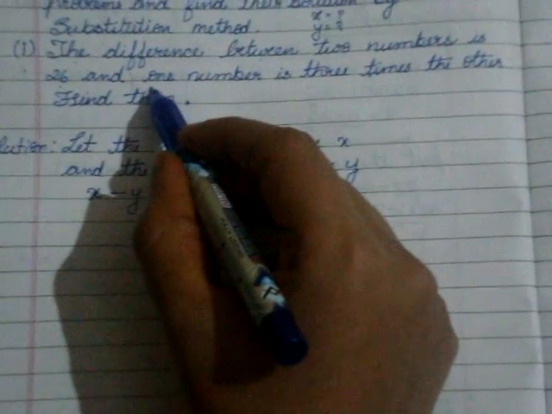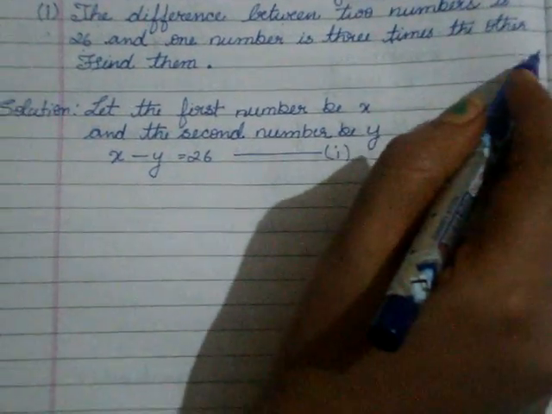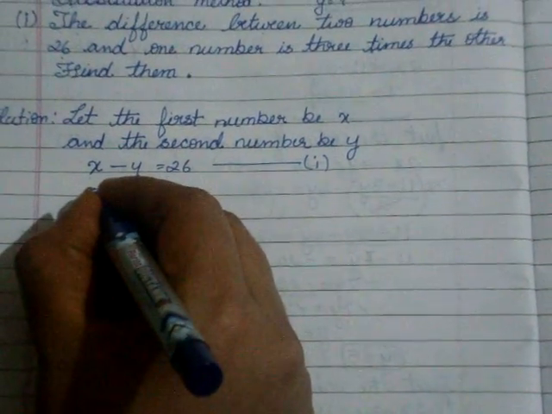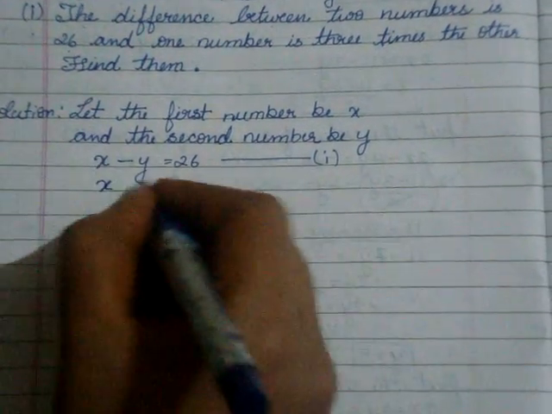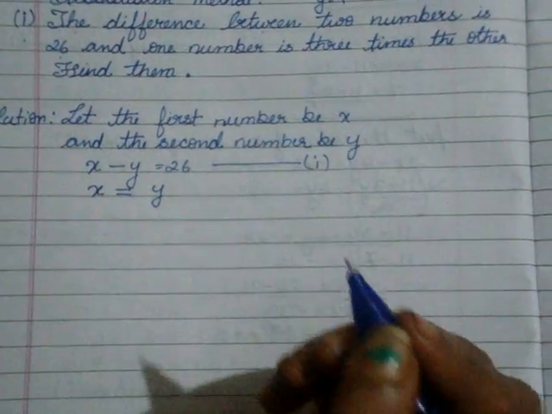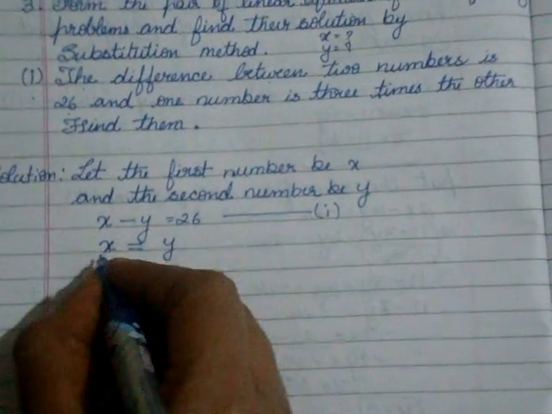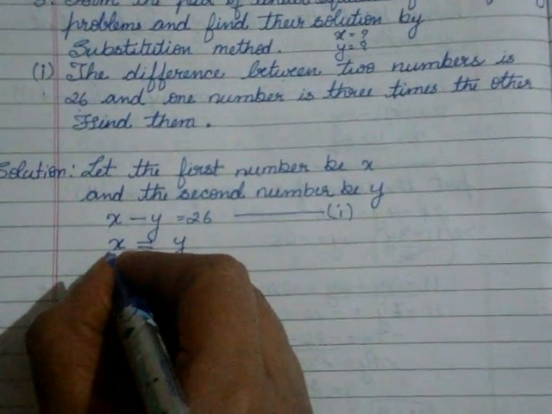The next sentence is: one number is 3 times the other. What they are saying is, if this is the first number and this is the second number, equation means equal. They are saying this number is 3 times more than this number. This already includes 3 times bigger.